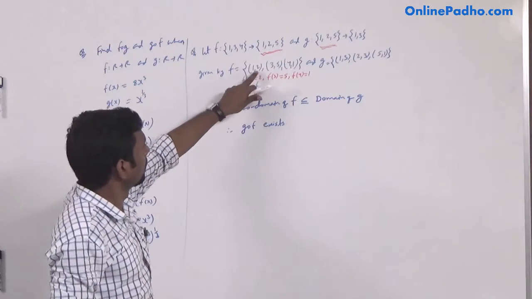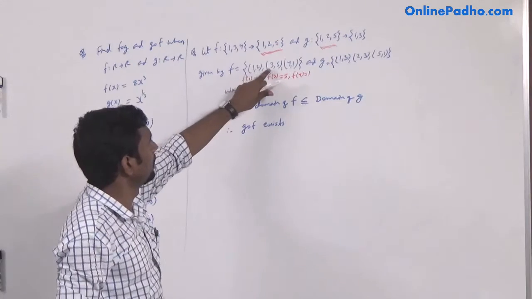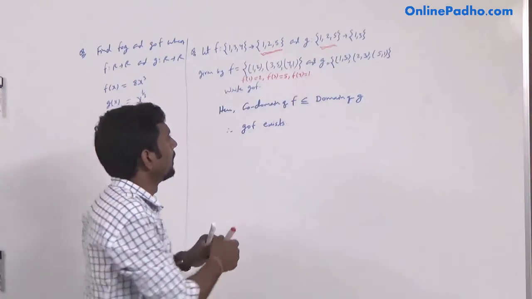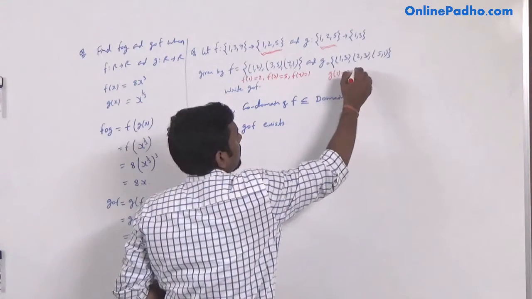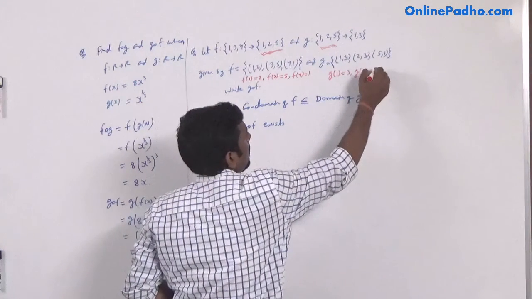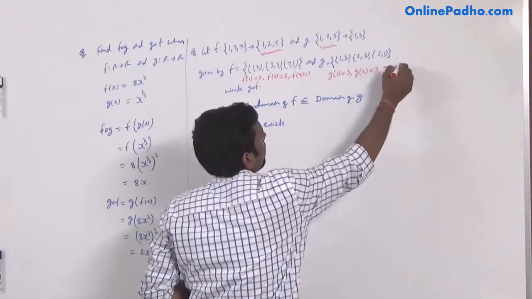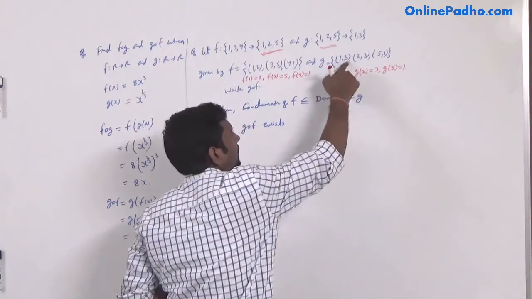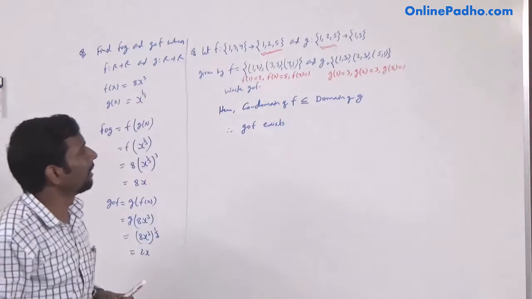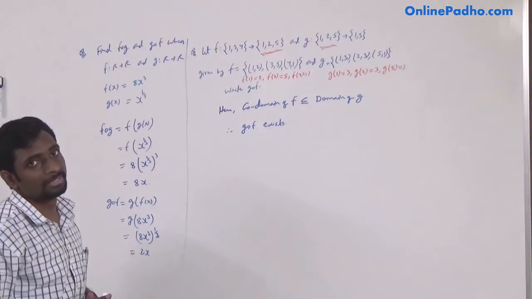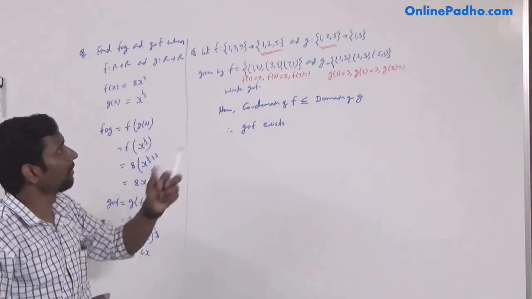And for g, g1 equal to 3, g2 equal to 3 and g5 equal to 1. So these are the values of f and g.